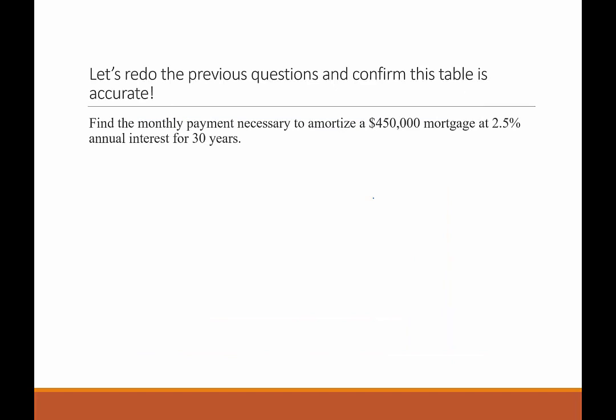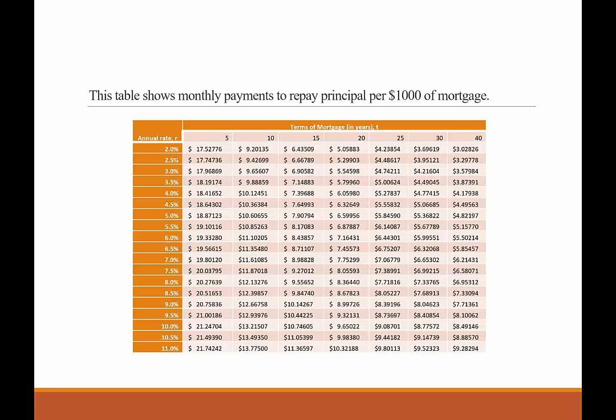So we're going to go back and redo these two examples just using that table. What we need is the 2.5% and the 30 years. 2.5% is right here. That's the second row. And then 30 is right here. So we're looking for this value here.